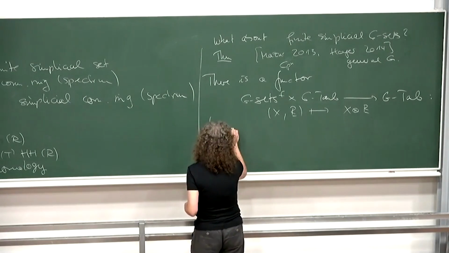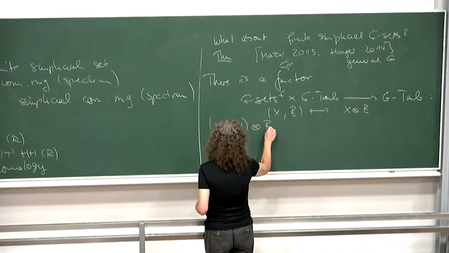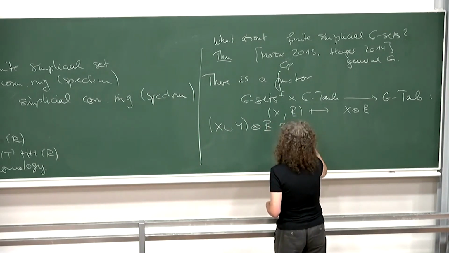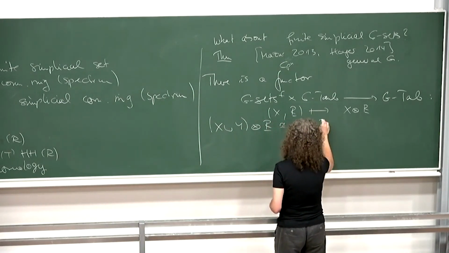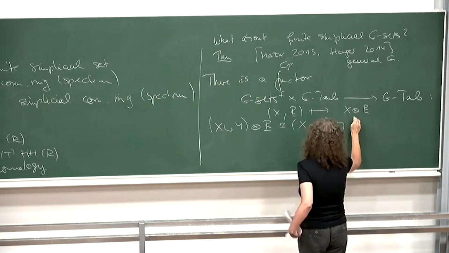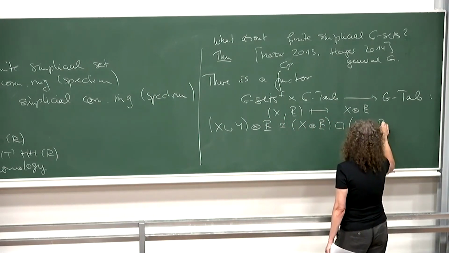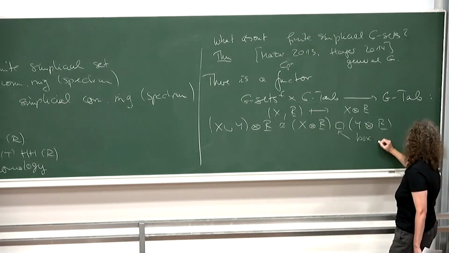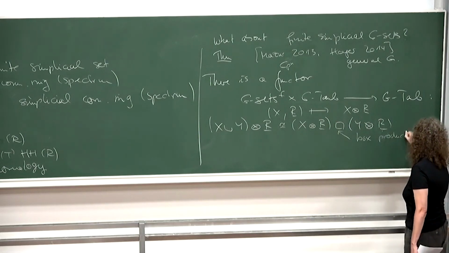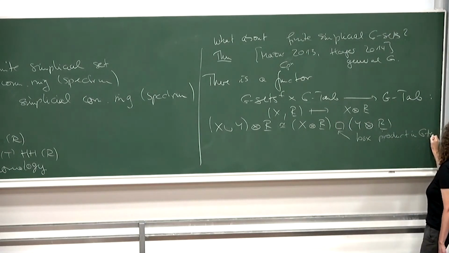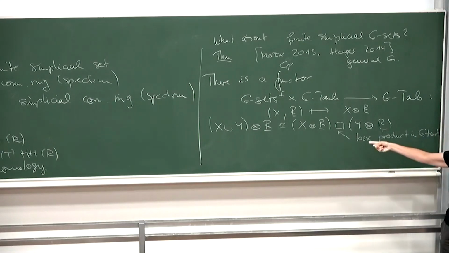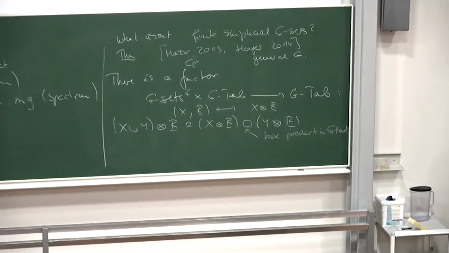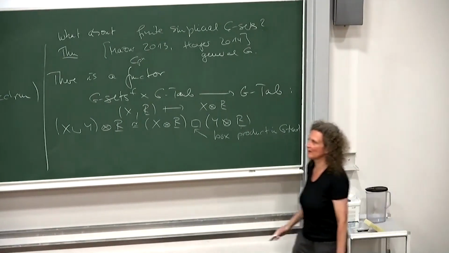If you take the disjoint union of two finite G-sets, then this should go to the corresponding symmetric monoidal structure, that's the box product for Mackey functors. So think of tensor product. In Tambara functors, that's actually the coproduct. And this is what happens here.